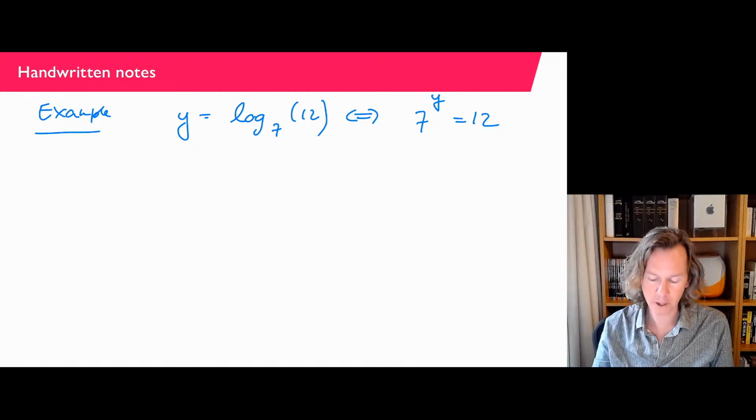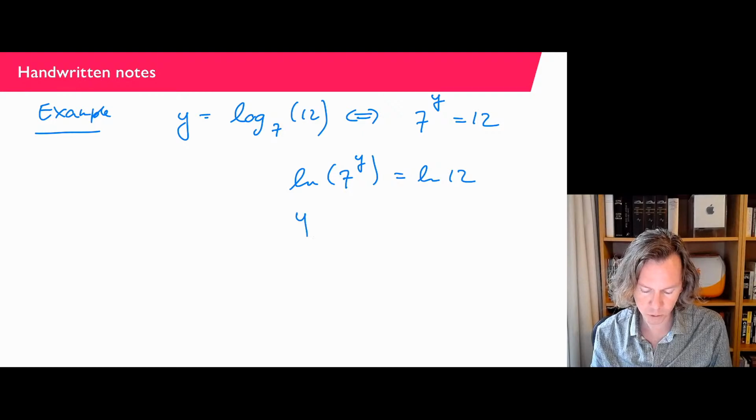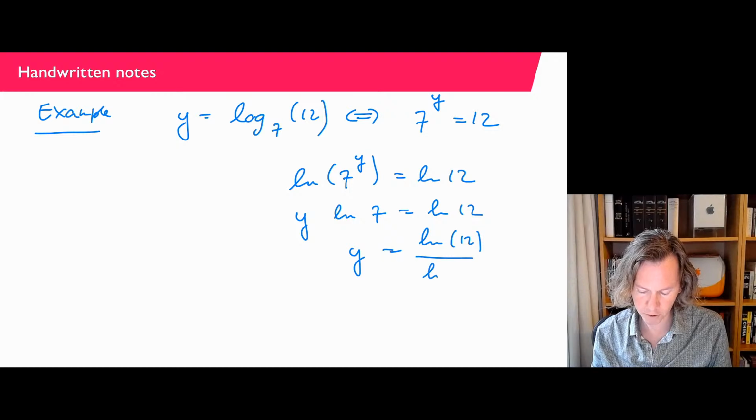And now we can take the ln. So then we do ln of 7 to the power y equals the ln of 12. I can write the exponent in front of the logarithm. So apparently y equals the ln of 12 over the ln of 7.